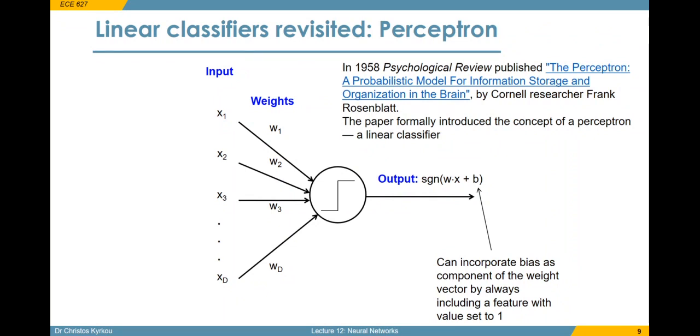So it's a linear model that can categorize the input into belonging to one or the other class. It has some weights that it can learn. And then it has an activation function, which basically thresholds the input and gives an output, the class that the vector x belongs to.